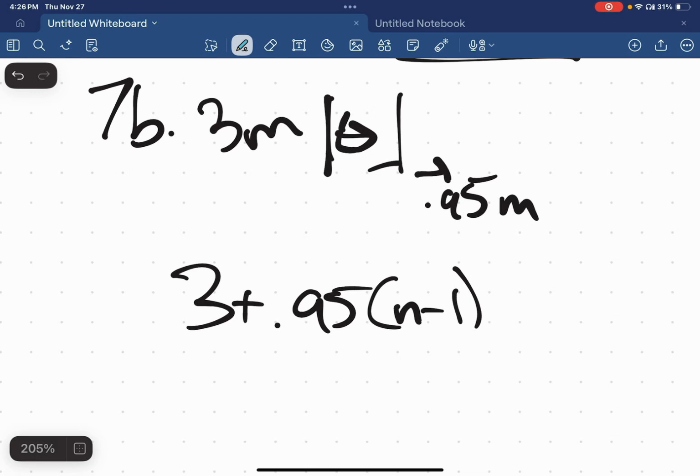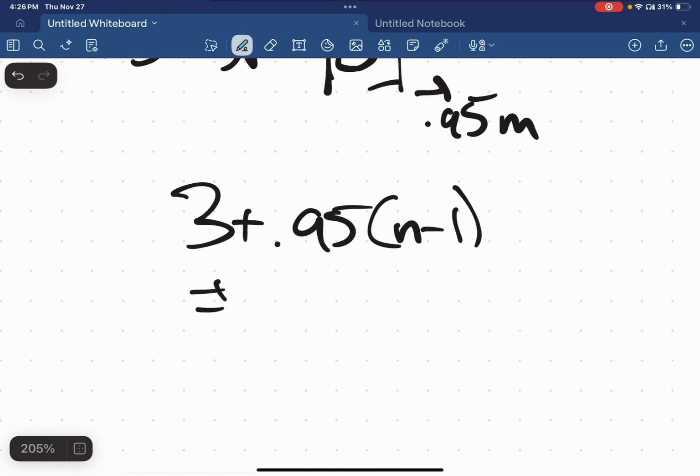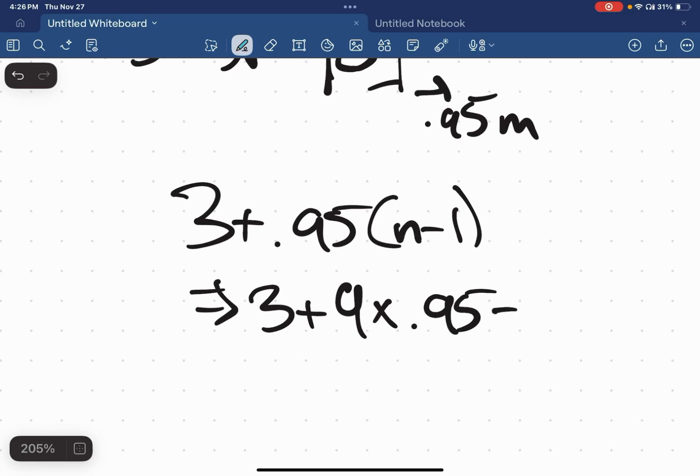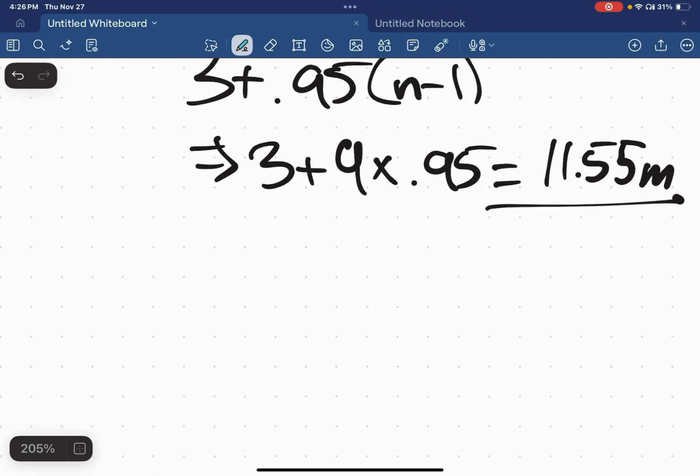We know there are 10 rows, so that means we get this formula, 3 plus 9 times 0.95, which is then going to be equal to 11.55 meters. And that is our answer for how far the horizontal distance is from the screen to the top row.